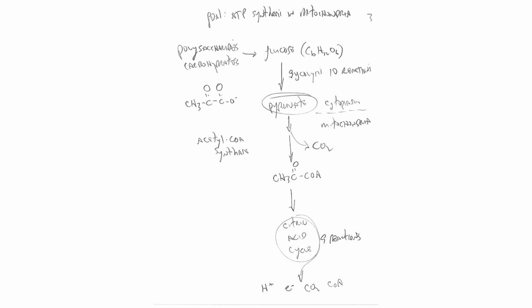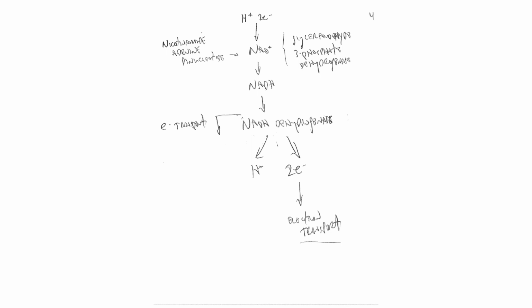Now, these protons and electrons don't just float around; they become attached to a molecule of NAD. That's shown in the next slide. As a result of the TCA cycle, the citric acid cycle, you get the protons and electrons that have come off.